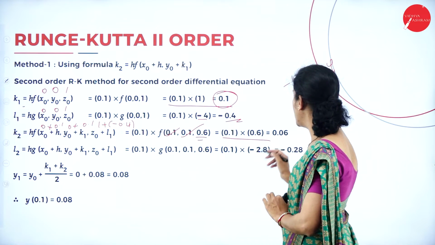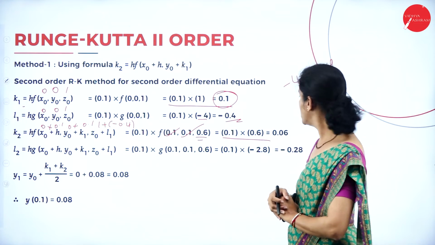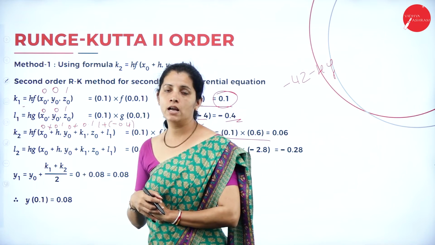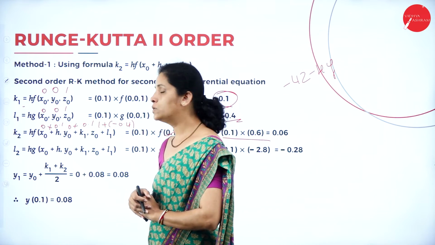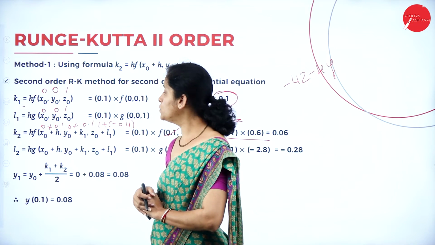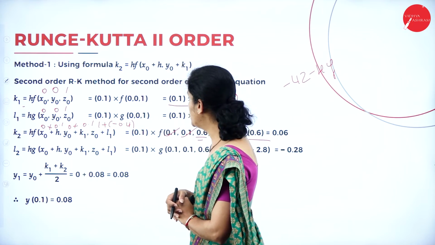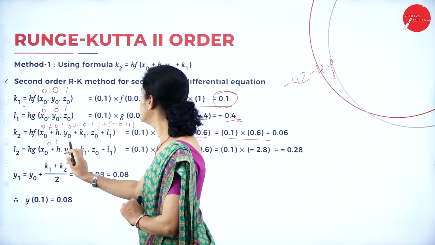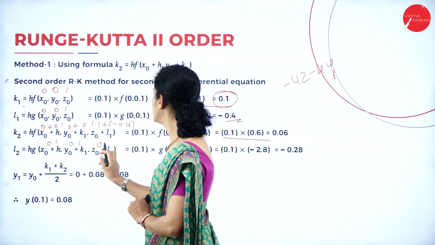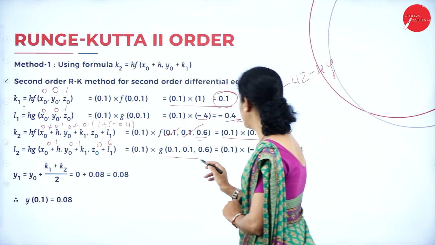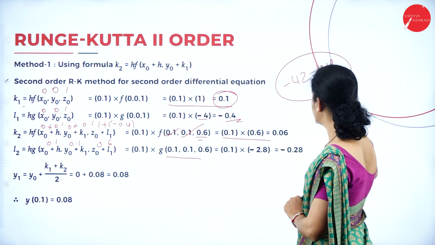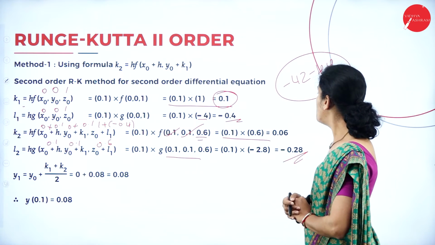When I multiply, I get the answer 0.06. Now I want to find out L2. L2 is height into the second order derivative. So here it is 0.1, 0.1 and 0.6. When I substitute these values in this equation, I get the answer minus 0.28.